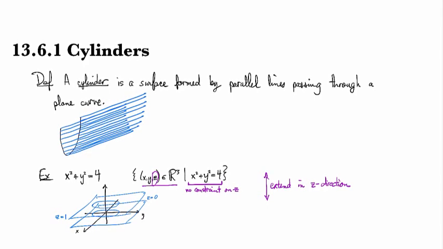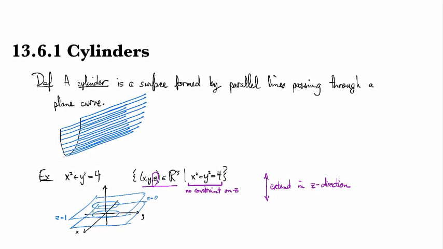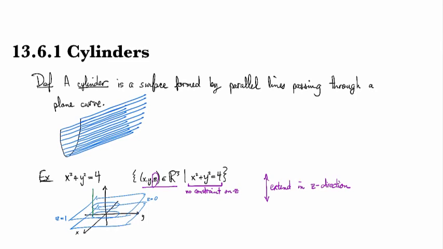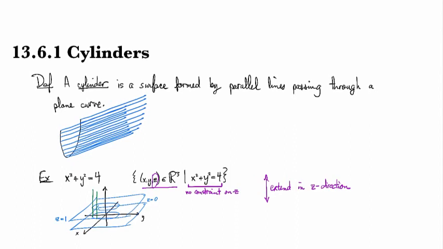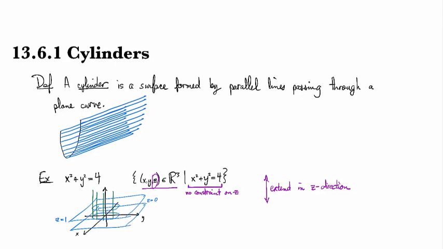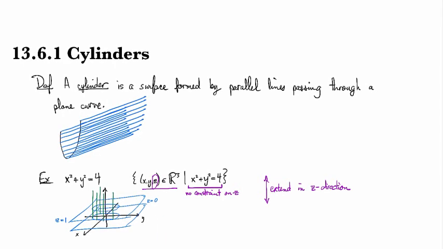So in other words, I'm getting the same kind of surface that I get if I were to make a vertical line coming through every point of this circle here. And I'm sure you get the idea.